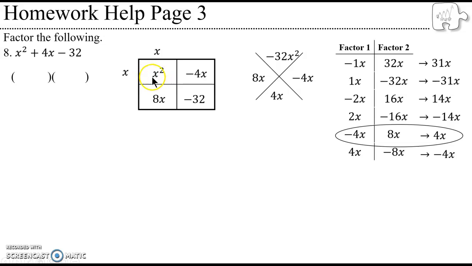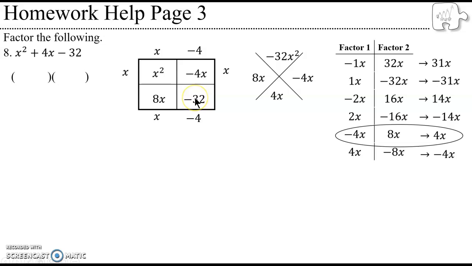There's no number before it because the only number that goes into 1 and 8 is 1, and the only number that goes into 1 and negative 4 is 1. So if we put x's there, we drop down, drop across. Now we have to think: x times what is negative 4x? x times negative 4. So we drop the negative 4 down there.